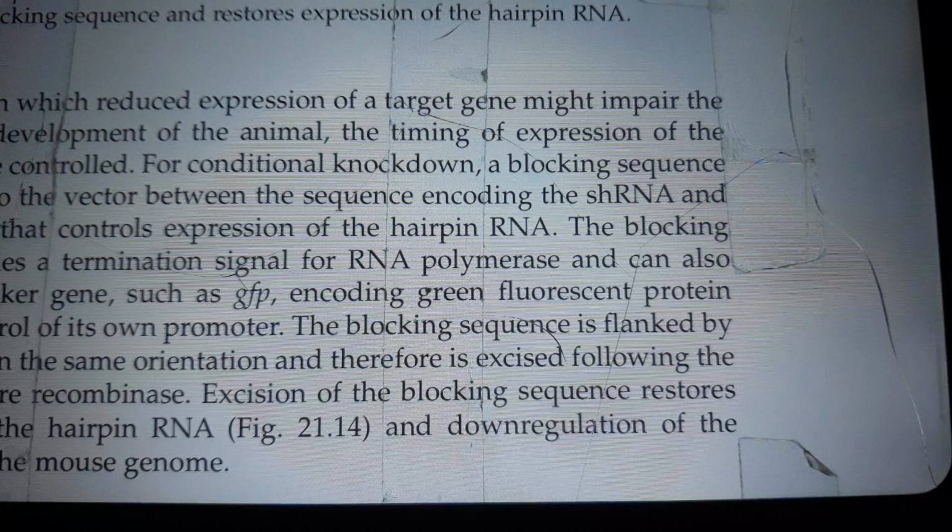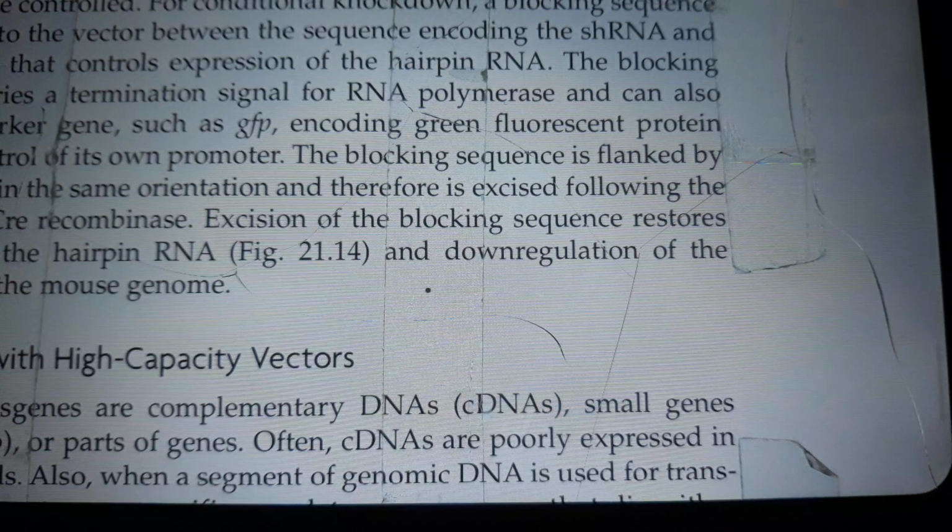In cases in which reduced expression of a target gene might impair the growth and development of the animal, the timing of expression of the shRNA can be controlled. For conditional knockdown, a blocking sequence is inserted into the vector between the sequence encoding the shRNA and the promoter that controls expression of the hairpin RNA.